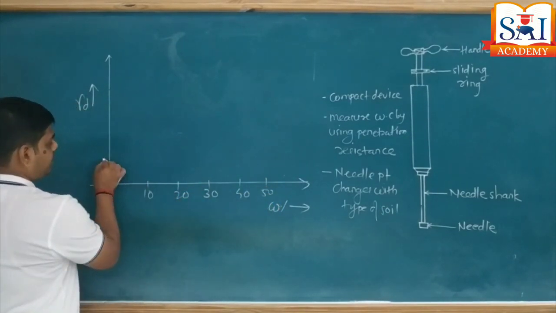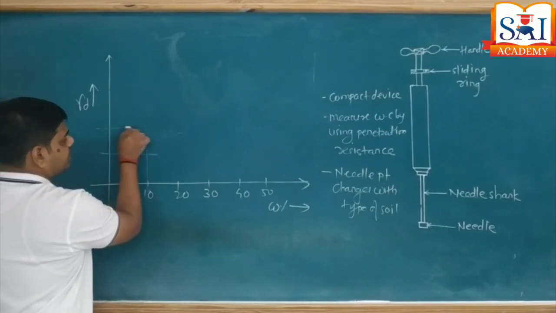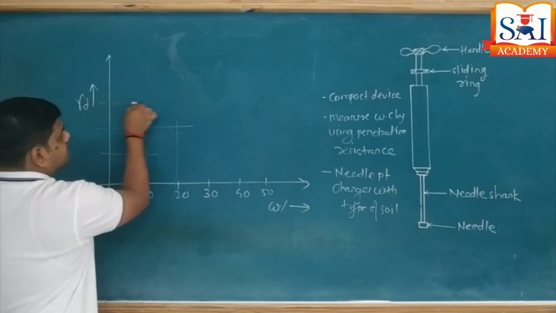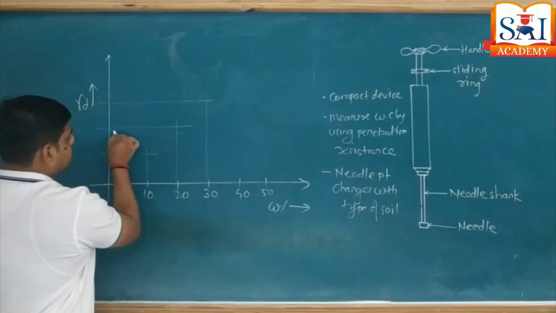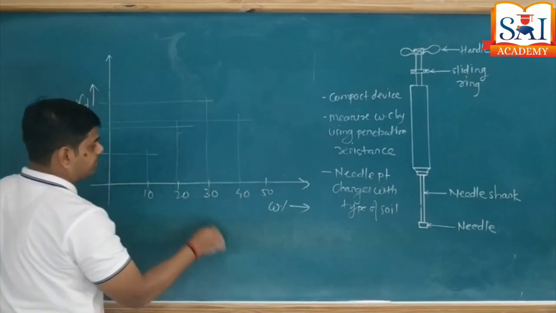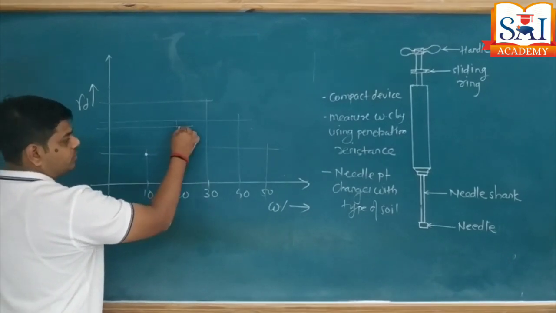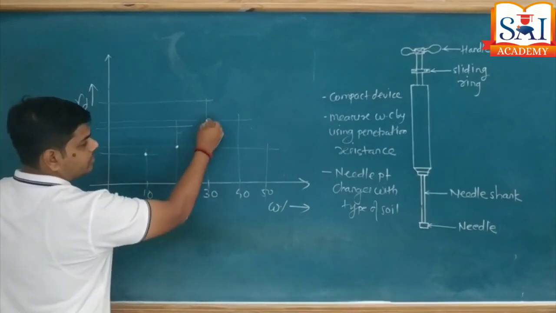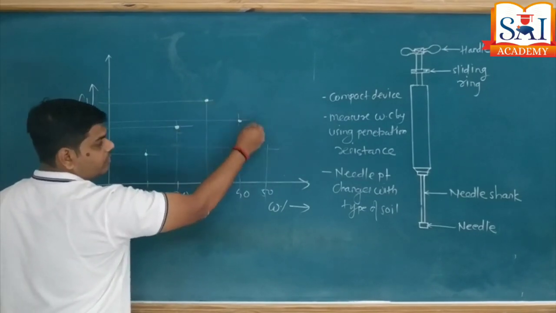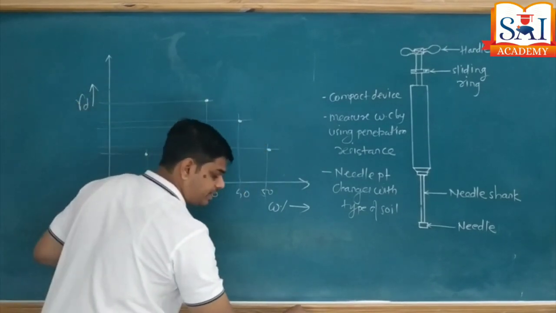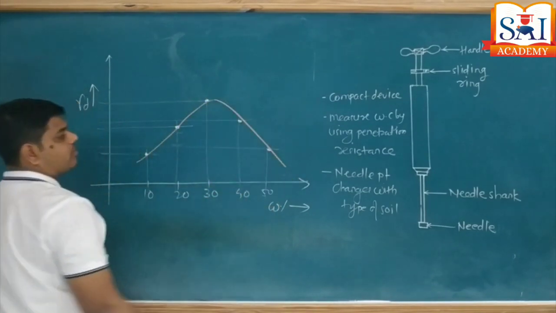For this water content, we know that the dry unit weight goes on increasing with increase in water content, attains the highest value, and then with further increase in water content the value goes on decreasing like this. So these are our points: 1, 2, 3, 4 and 5. Let us join these points by a smooth curve. This is my compaction curve.